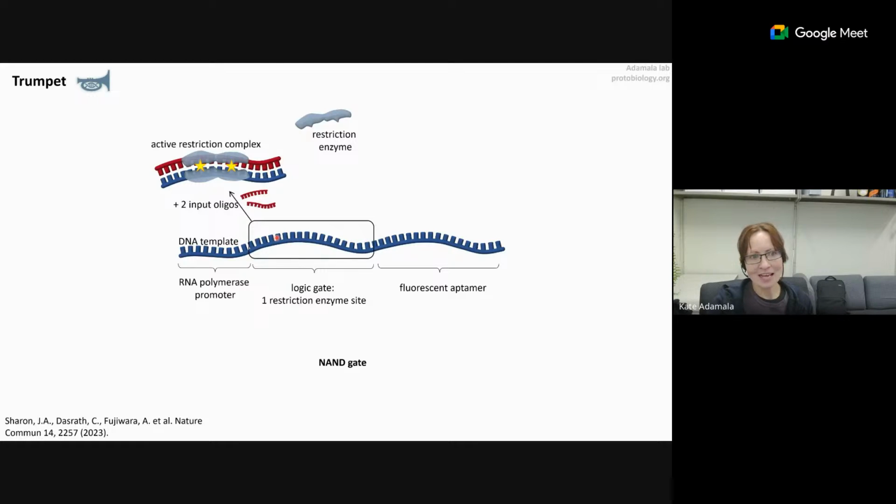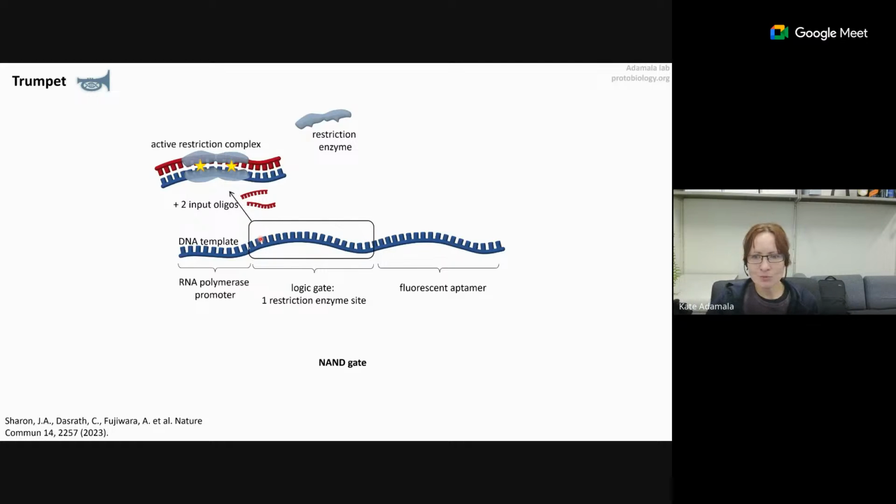So now you have a double-stranded DNA, because you added two input oligos that completely covered that logic gate area. And so now suddenly that logic gate, that computation area, becomes double-stranded DNA.